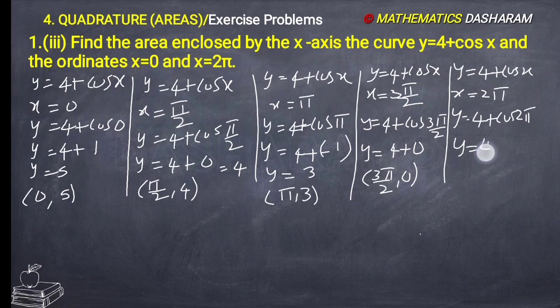So y equals 4 plus cos 2 pi, which is 1, so y equals 5. Then the next point is 2 pi comma 5. Now locate these 5 points in the graph paper, then you will get the required curve.